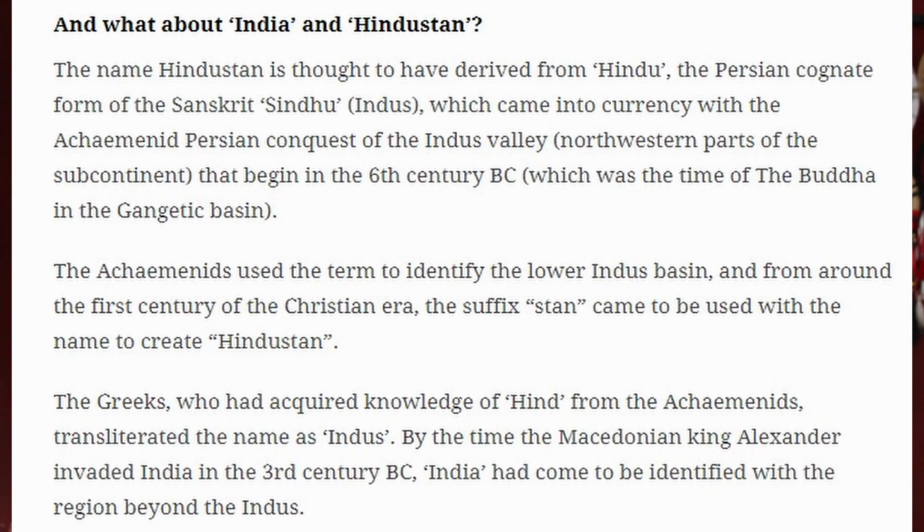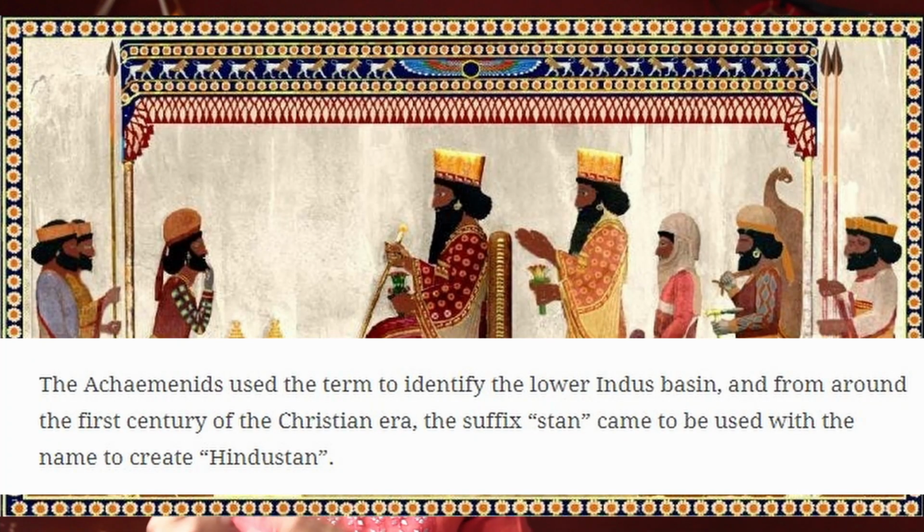The Achaemenid Persian conquest of the Indus Valley that began in the 6th century BC brought about the Persian variant of the Sanskrit word Sindhu, and that variant is Hindu. The Achaemenids used the term to identify the lower Indus basin, and from around the 1st century of the Christian era, the suffix stan came to be used. That is the etymology of Hindustan.